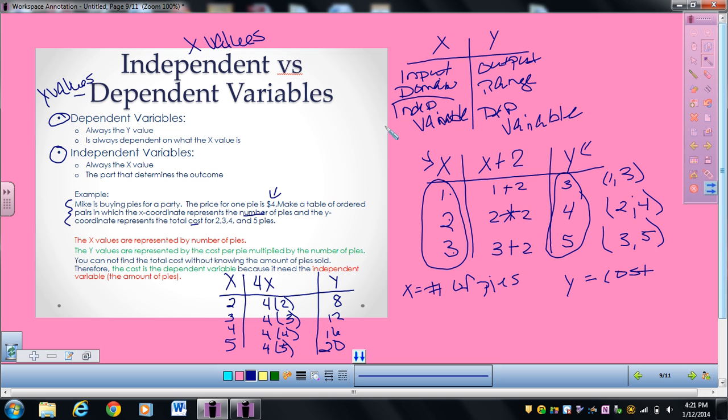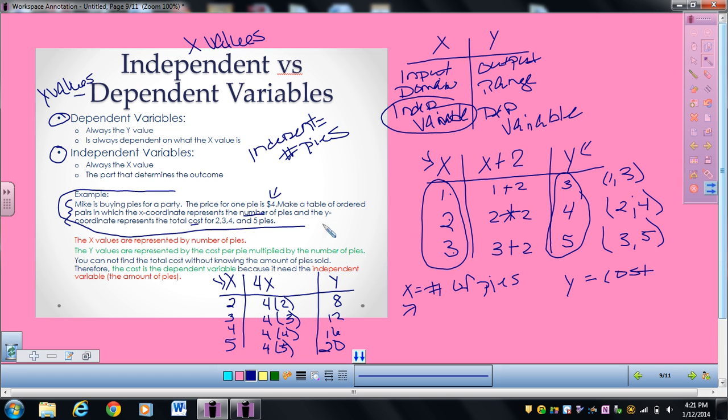Now check this out. We also said that the independent variable was x. So our independent variable is the number of pies. So if you are asked what the independent variable in this problem right here is, it is the number of pies.